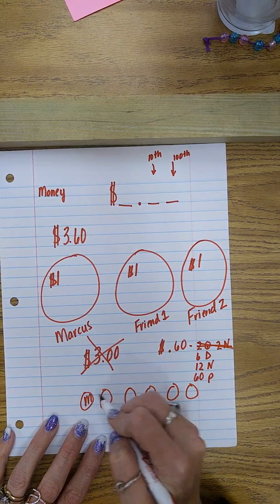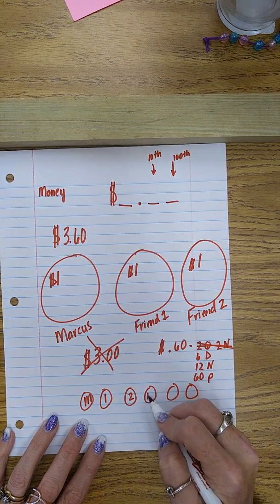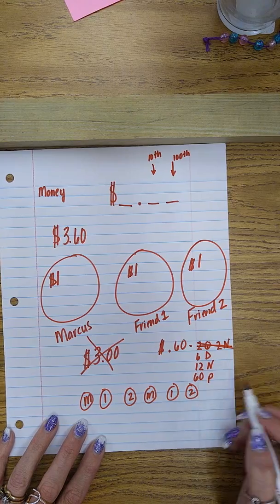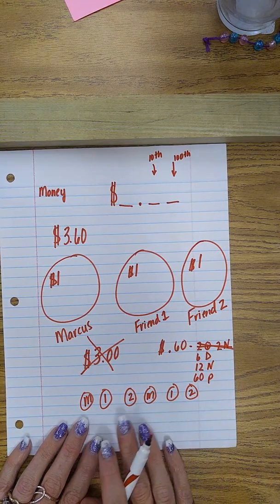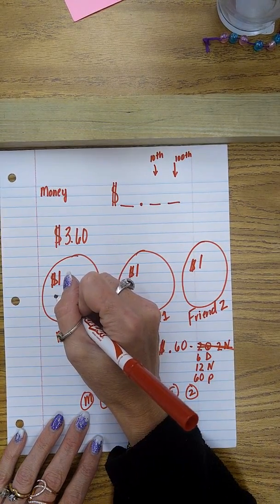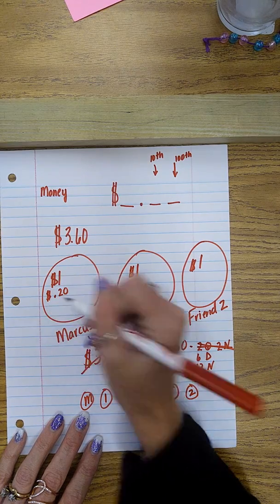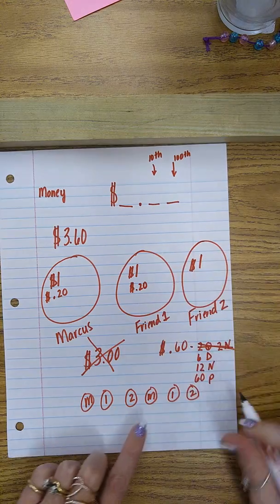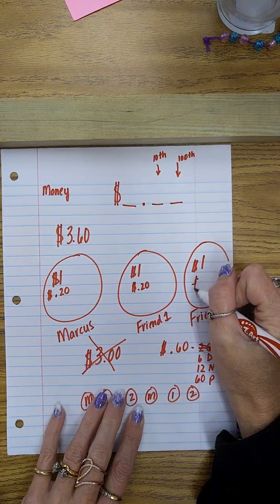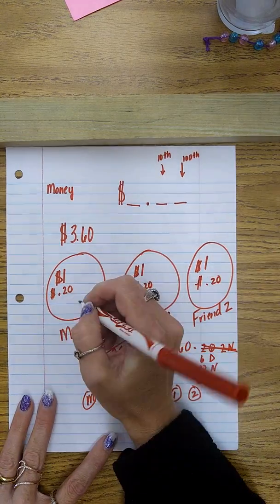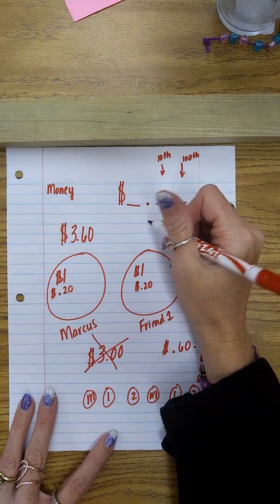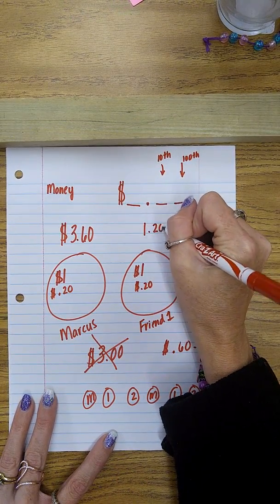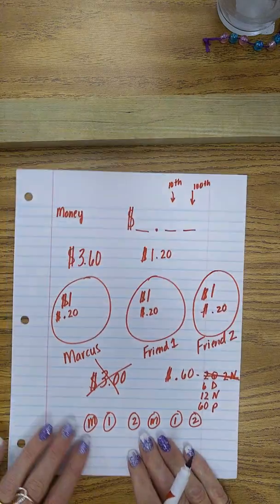And so Marcus, friend 1, friend 2, Marcus, friend 1, friend 2. After doing this, I can see that I have 2 dimes for Marcus, so that's 20 cents. I have 2 dimes for friend 1, that's 20 cents. And I have 2 dimes for friend 2, that's 20 cents. So each kid would get $1.20 if they were to divide that evenly.